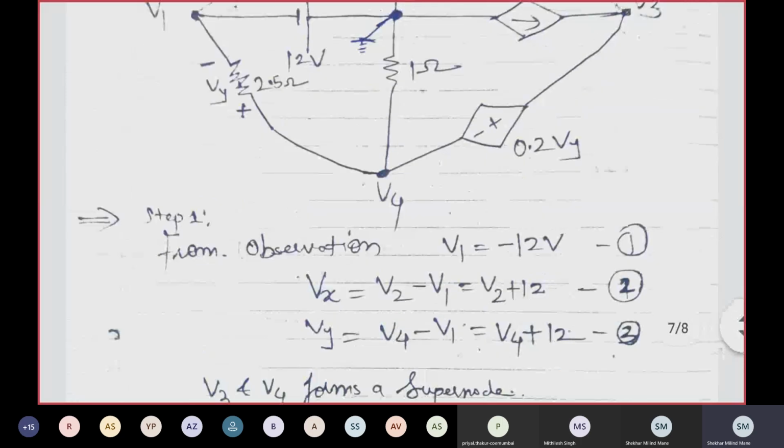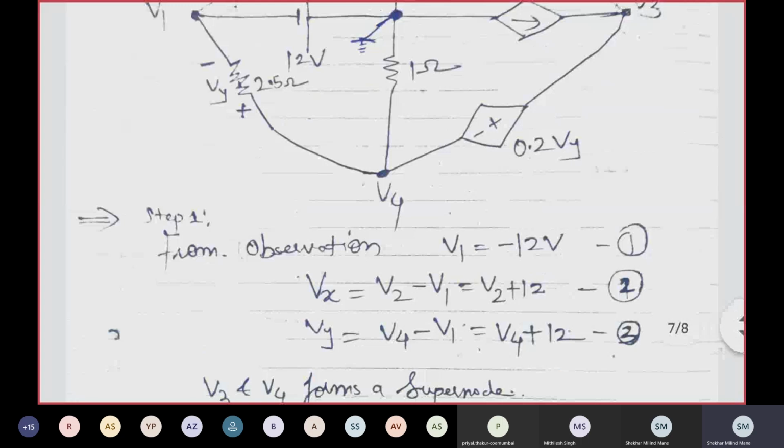And all of you know this V1 is equal to minus 12 volt from observation, since negative is connected to V1, node 1, and positive is connected to ground. That's why we have written V1 is equal to minus 12 volt. Now no need to apply KCL at node 1. And from observation Vx, we can write V2 minus V1. We can substitute the value of V1 from equation 1. So I can write V2 plus 12.